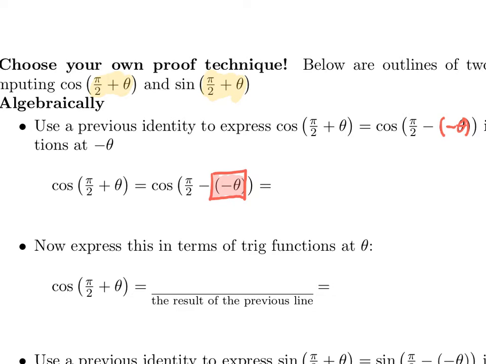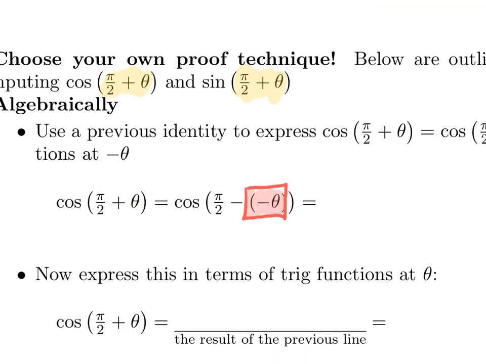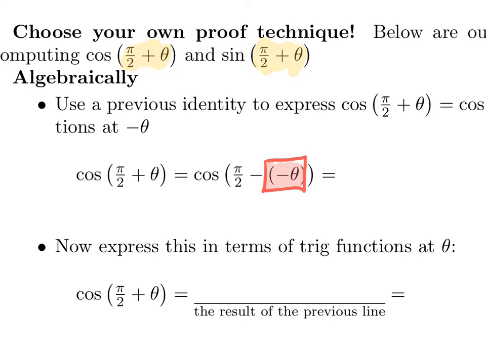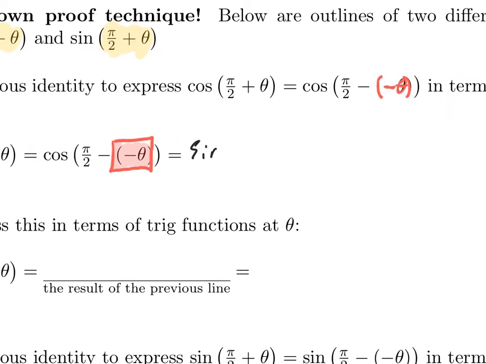I know what cosine of pi over 2 minus a thing is. The cosine of pi over 2 minus a thing is sine evaluated at that thing. So I can express cosine of pi over 2 minus a red box as the sine of whatever is in that red box. And what is in that red box? Well, negative theta is in that red box.